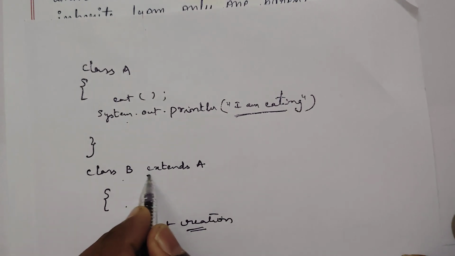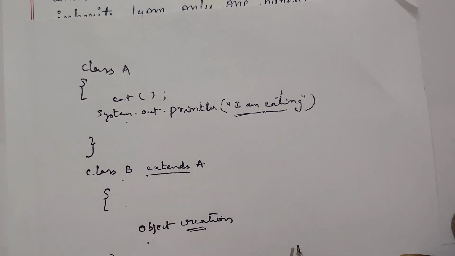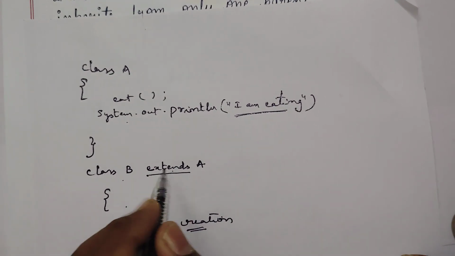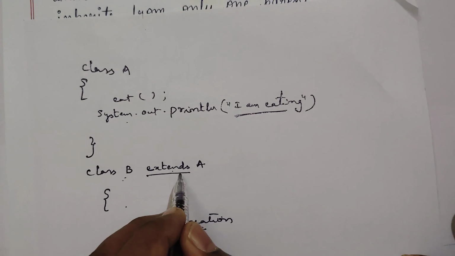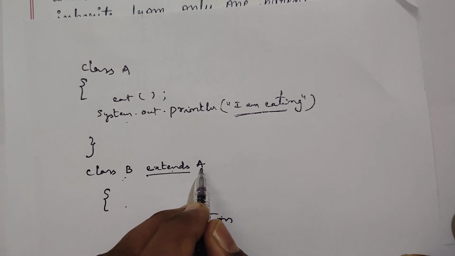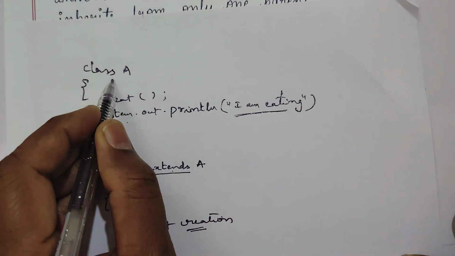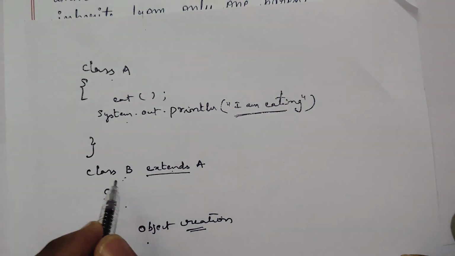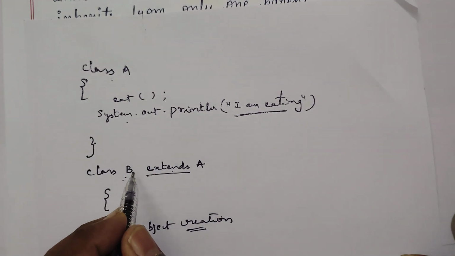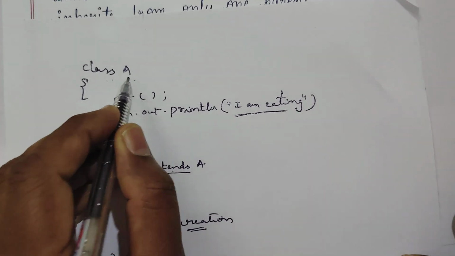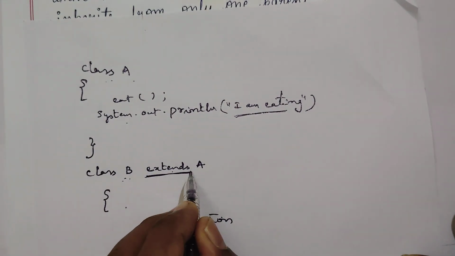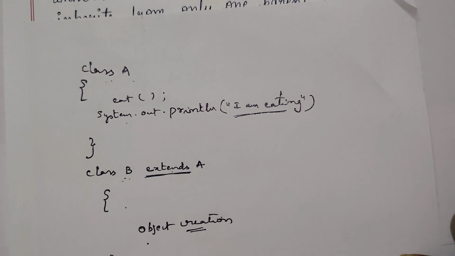This extends is inheriting the class B. Here it is known as the subclass, inheriting the property whatever it may be in class A, that is the parent class. The subclass B inherits the data from the superclass A with the help of the keyword extends. It is the one-to-one. What is the one-to-one?